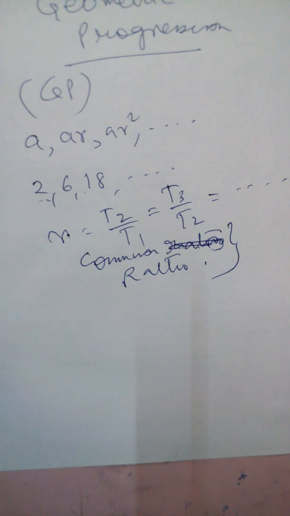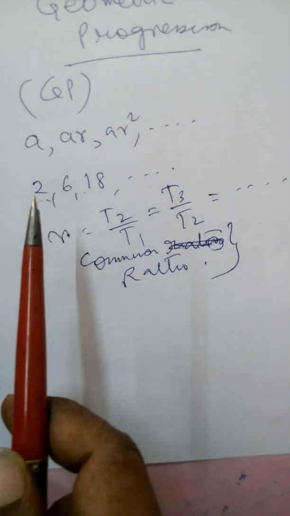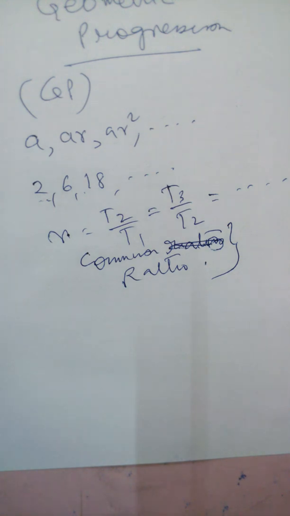Actually if you watch this sequence, it is very simple: 2, then 3 times means 6, then 6 again 3 times, the same number is multiplied. In the case of geometric progression, we get the same number being multiplied or divided.